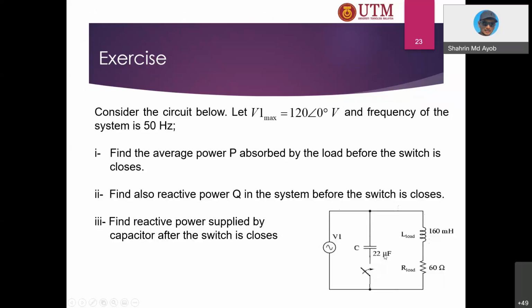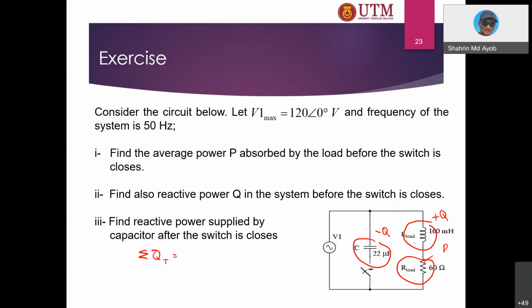So what we do here is, this one will produce positive Q, and then this one will produce negative Q, and then this one will produce P. The total Q is the summation of the Q of all the elements.